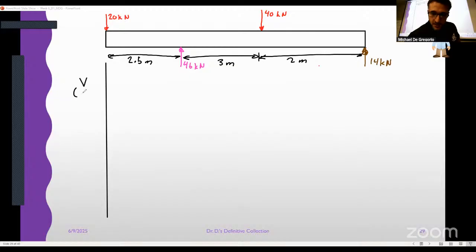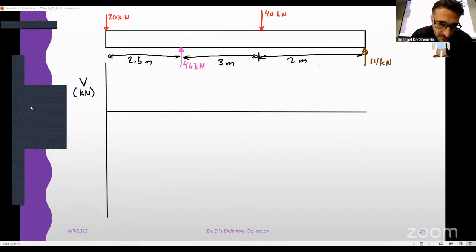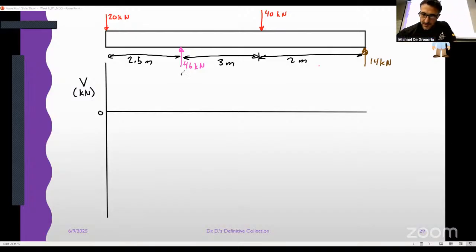The shear is in kilonewtons. Please label your units. And we'll start there, and I'll put a 0 line on it. So this is going to be my 0 shear, and notice it goes straight across. I will label it as 0. And the other thing that I'm going to do is every time I have a point loading, I'm just going to make a dashed line.